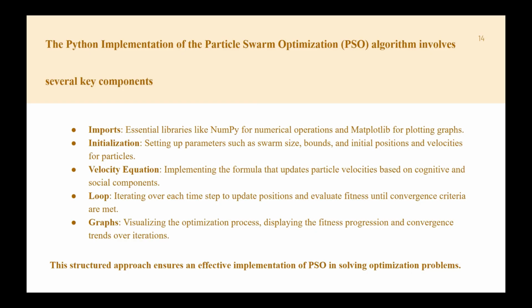Then finally, we loop the iteration over each step so that we can do it for all the other particles and see if we find any new values. Lastly, we plot the entire graph, helping in visualizing the entire process and displaying the fitness progression and convergence trends over iterations.